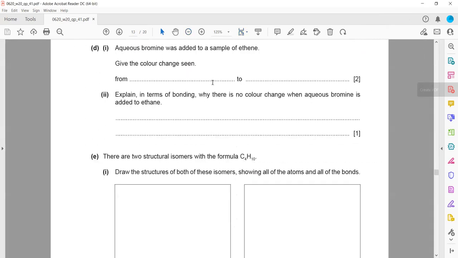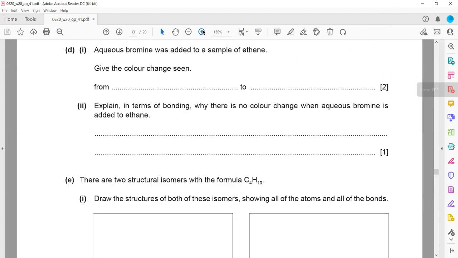In part D1, aqueous bromine was added to ethene. Whenever we add aqueous bromine, what is the color of aqueous bromine? The original color is orange. And whenever we add it to any alkene, it is not necessarily ethene, it can be any alkene, like ethene, propene, butene.